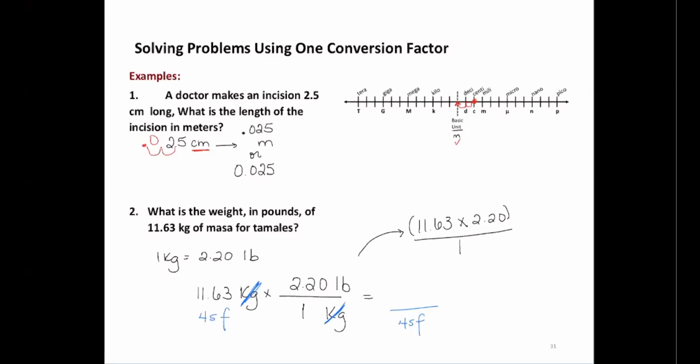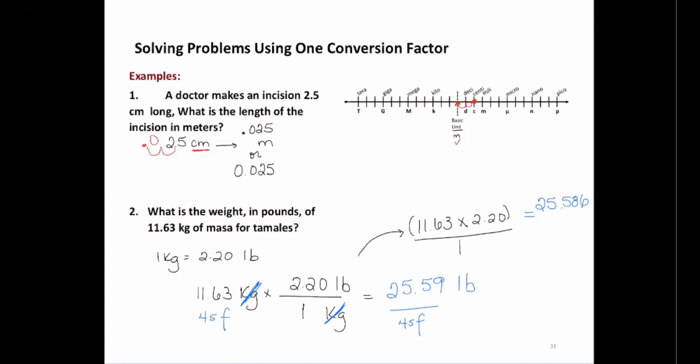So I see a lot of people rounding. I need 4 sig figs. So my calculator display tells me 25.586. Excellent. 25.59 pounds is my final answer.